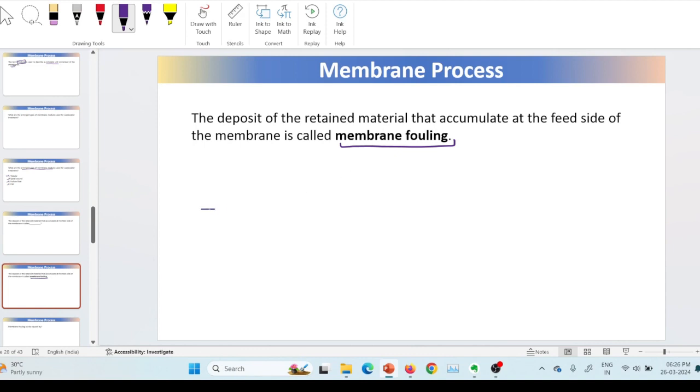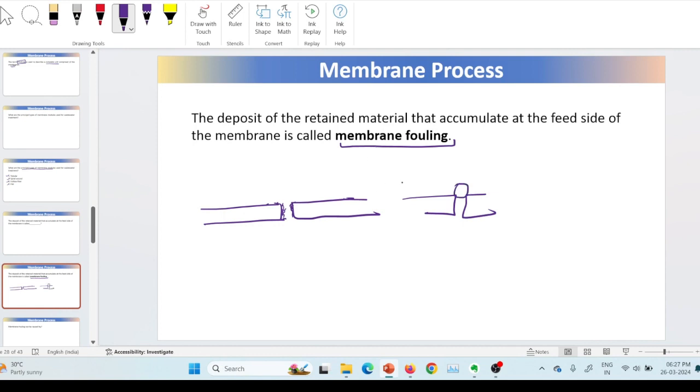So what happens after the operation? If it is organic matter, it will be retained near the pores, and it may clog or plug them sometimes.